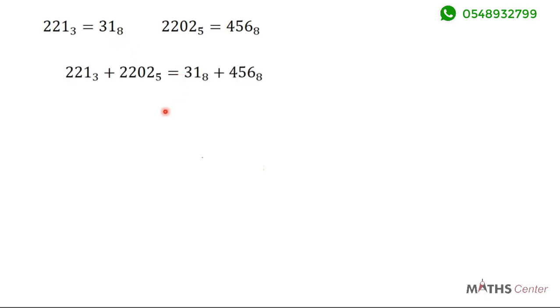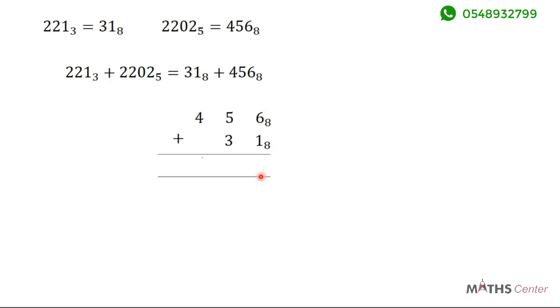So in adding that, we can say that 221 base 3 plus 2202 base 5 will give us 31 base 8 plus 456 base 8. So we move forward to add. So we have 456 base 8 plus 31 base 8.